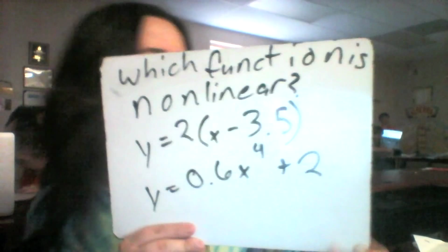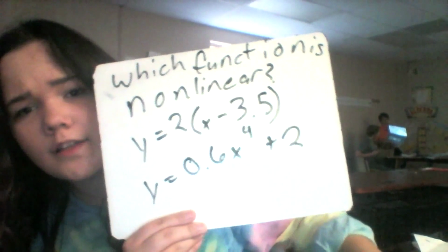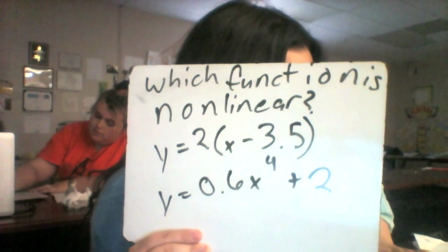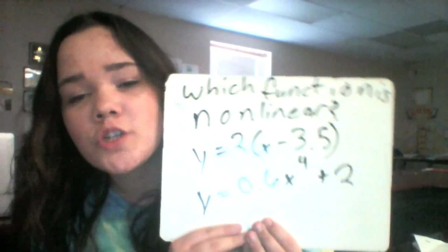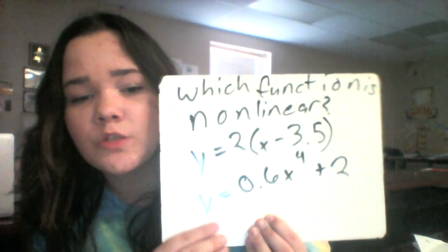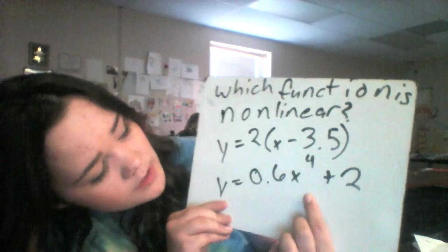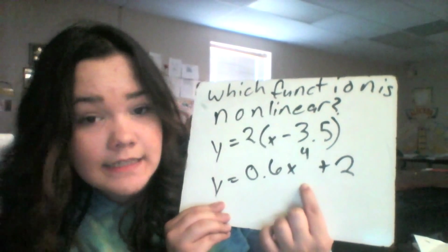Remembering that you need to find the one that is nonlinear, there's an easier way to remember which one is nonlinear: it's the one that has the larger exponent, and that is the bottom one, y equals 0.6x to the fourth power plus 2. It's an easy way, that's how I remember it.